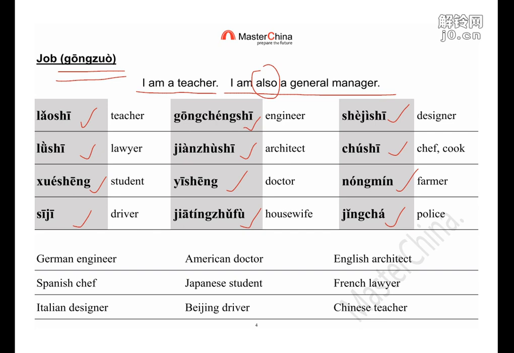So with all these words, you can tell people, I am, right? 我是医生，他是老师. You can even introduce other people. 我的妈妈是厨师，我的爸爸是警察，right? 他的弟弟是设计师.